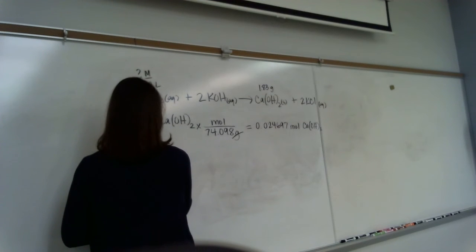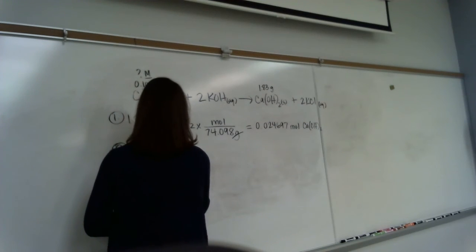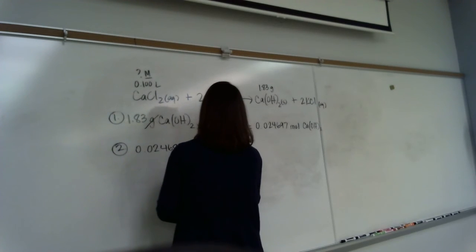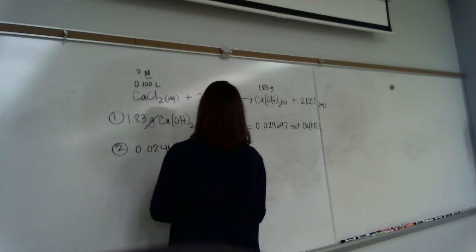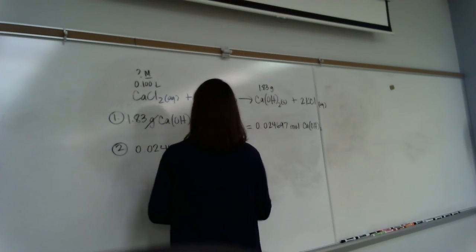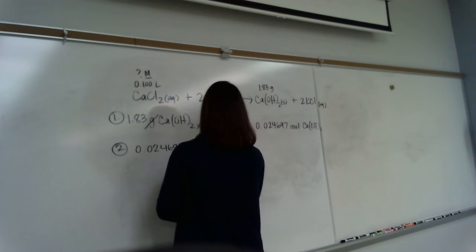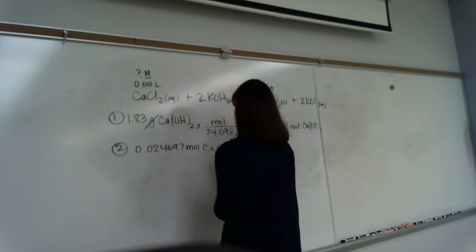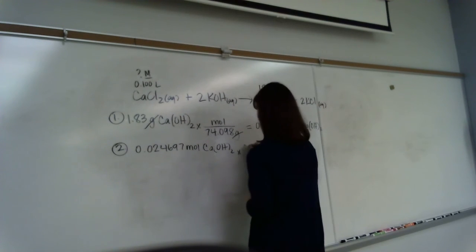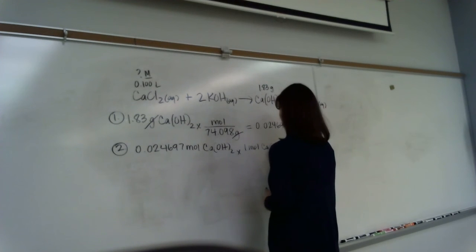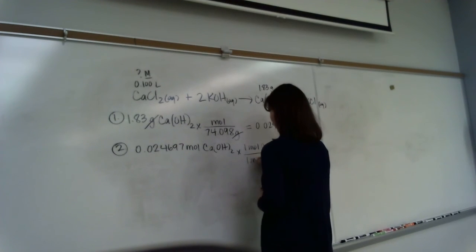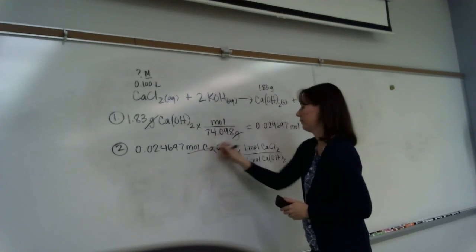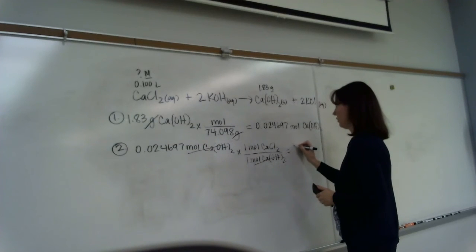So 0.024697 moles Ca(OH)2, oops, CaCl2. I'm writing my conversion factor all wrong. I'm thinking about my lunch. There we go. Number doesn't change, just units.